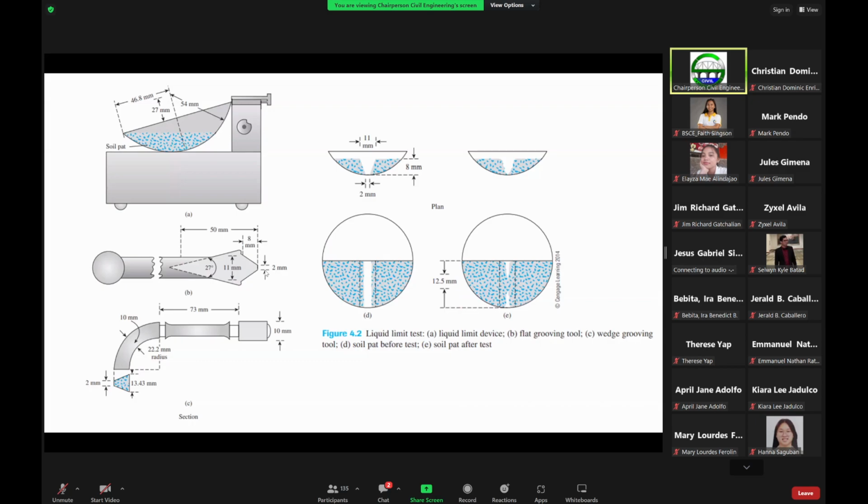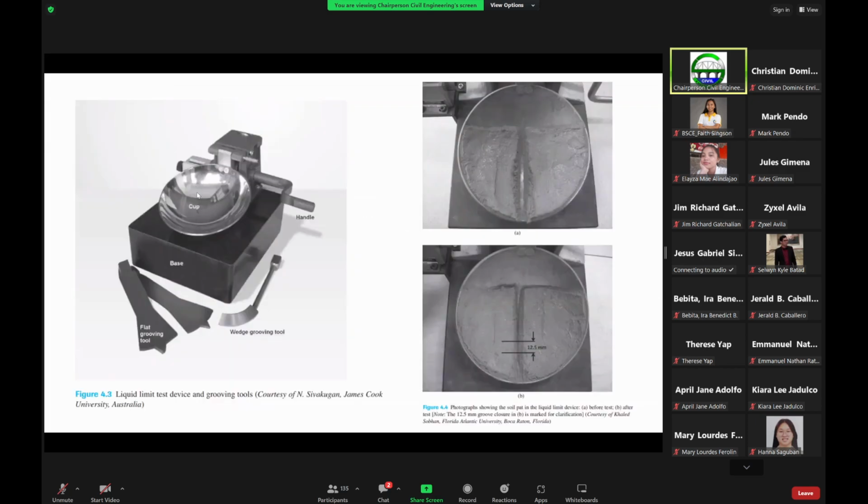So when you turn this handle, this cup will be raised up. And then as it goes down, the soil will try to move. Here is the actual soil before the test, and this is the soil sample after the test.